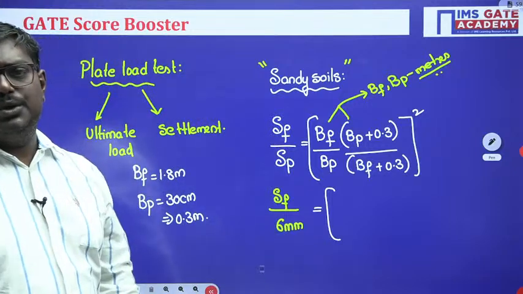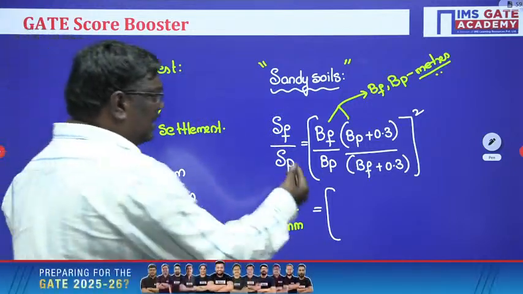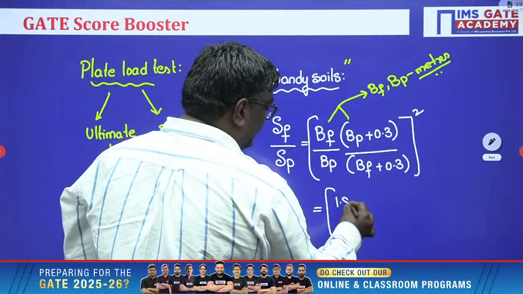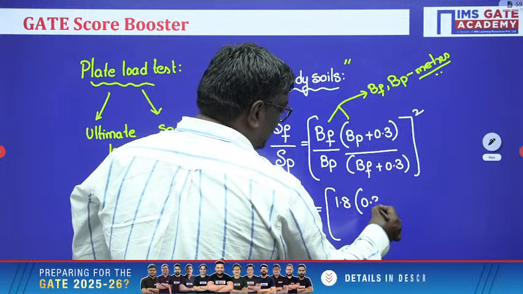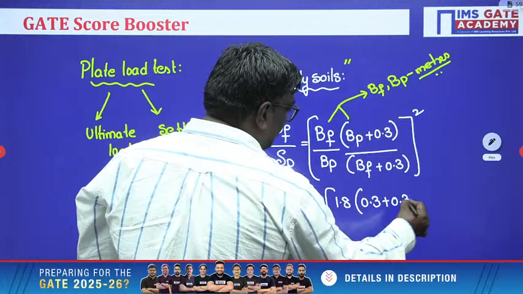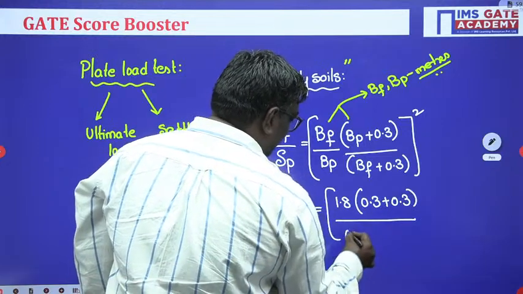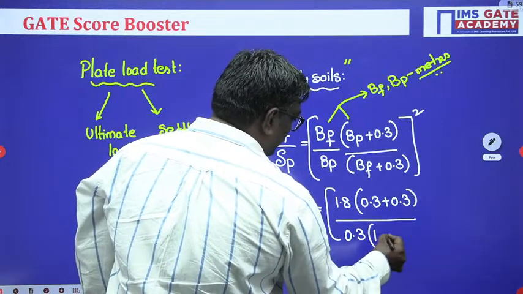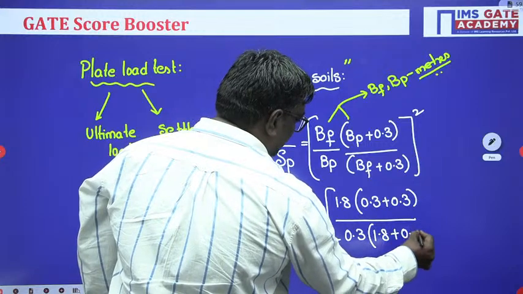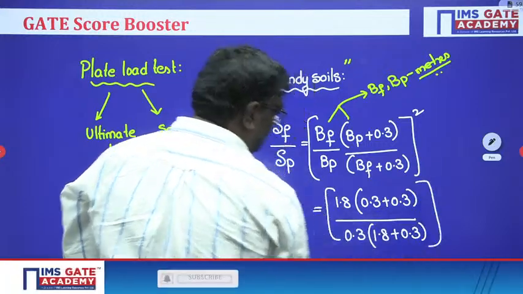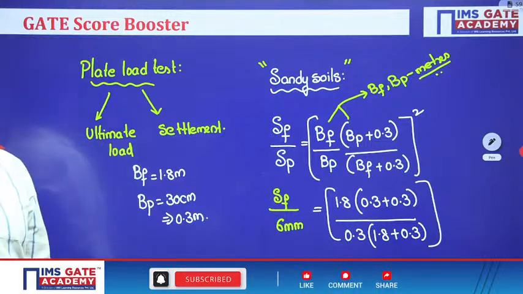So if I plug in the value of breadth of the foundation, it is 1.8, which is given in the problem, plus 0.3, upon breadth of the plate 0.3 into 1.8 plus 0.3. So it is 3.6 divided by 2.1.